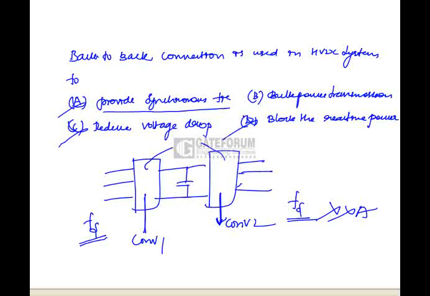It will not block reactive power. So the only option remaining is bulk power transmission. If there were an option like asynchronous tie, that would be the predominant one. Since that is not available, the next predominant factor is bulk power transmission. So option B is correct.